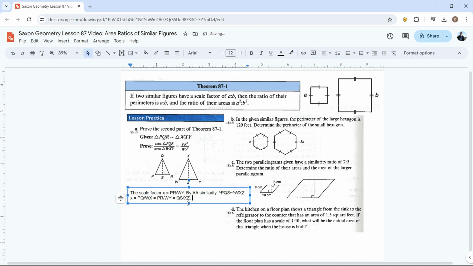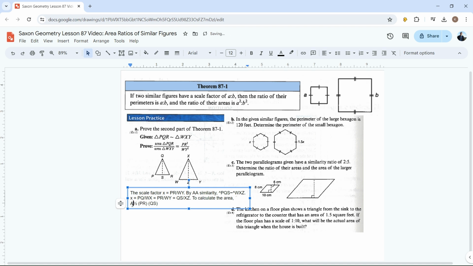Okay, so what does that mean? Well, that means that to calculate the area, we need to take 1/2 times the length of PR times the length of QS in the first triangle. 1/2 times PQ times RS equals the area.